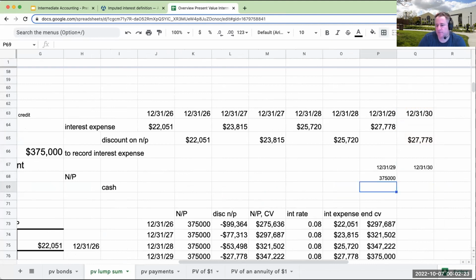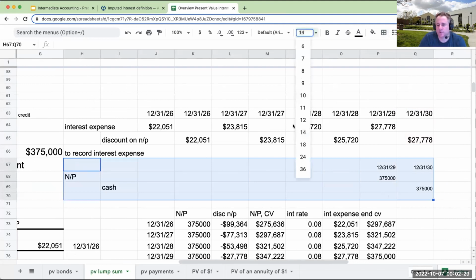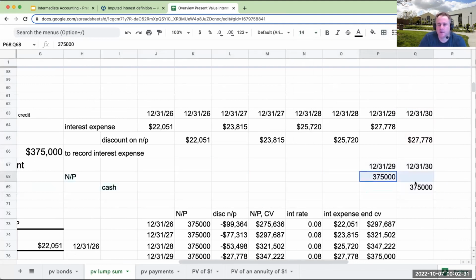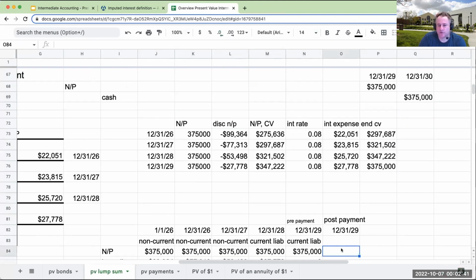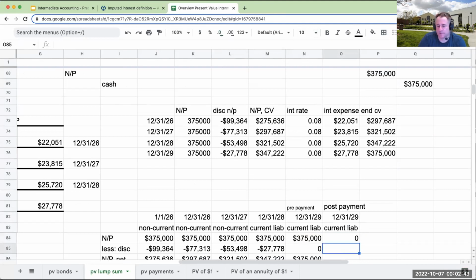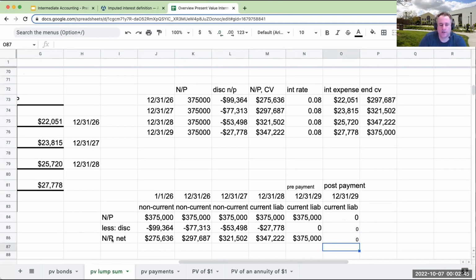So this is going to be for 375,000. And that's how we're going to be dealing with this over here. Okay, so we've got that over here. So post payment, this is basically going to be 0 all the way down the board.